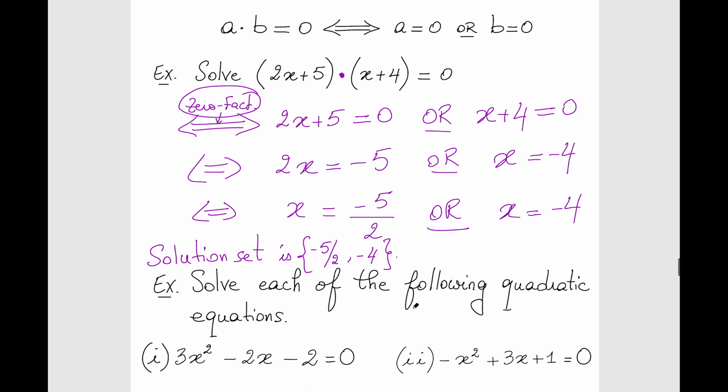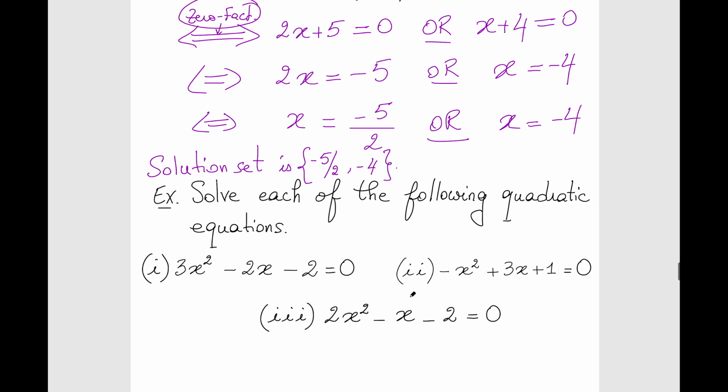All right, next. Solve each of the following quadratic equations. A quadratic equation is an equation that can be written in the form where one side is 0 and the other side is a second degree polynomial. So it equates a second degree polynomial and 0. Any equation that can be written in this fashion is referred to as a quadratic equation.